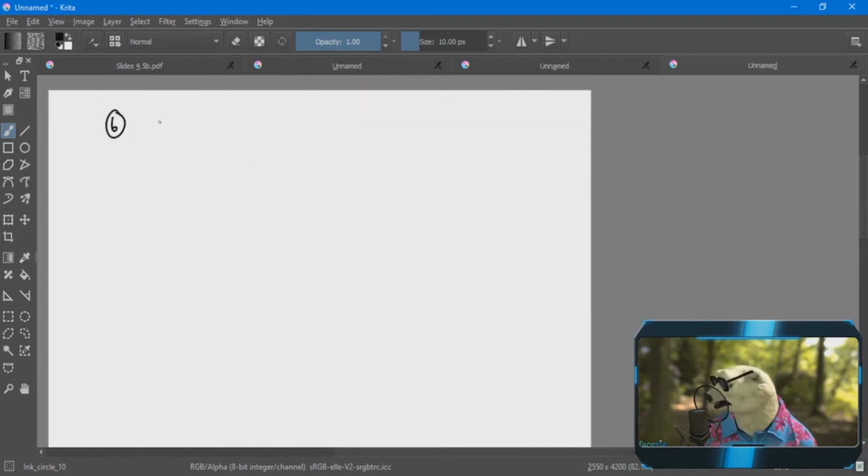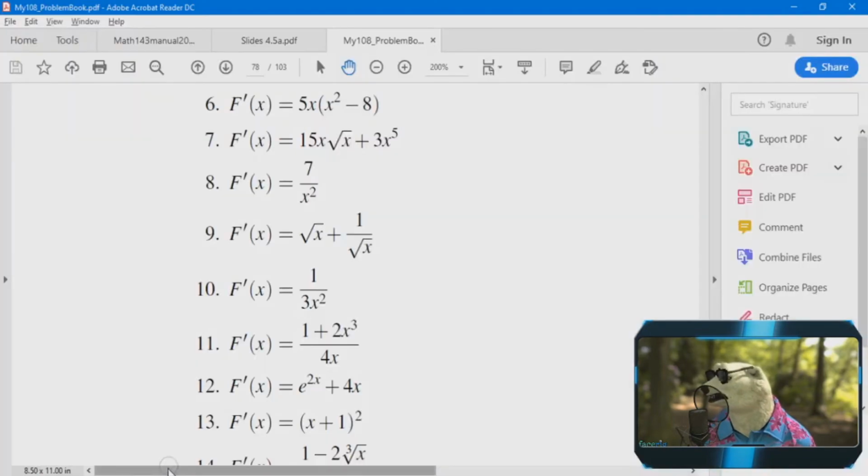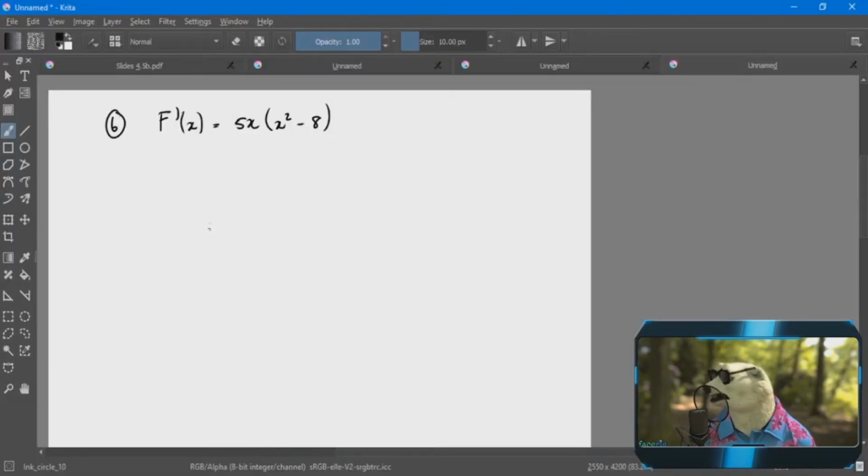Number 6, I have as a derivative target 5x times (x squared minus 8), I believe it was. Like that. Now, when I take the derivative of a function, I have a product rule.